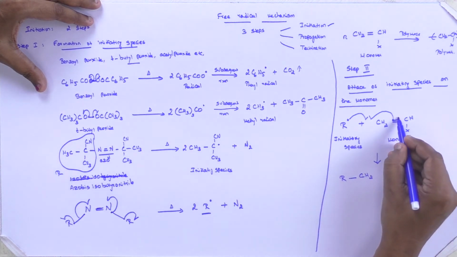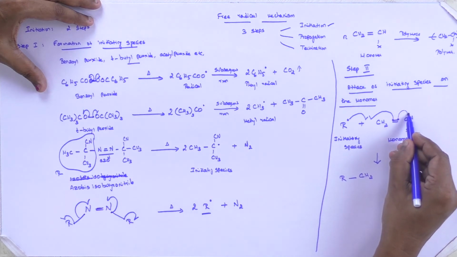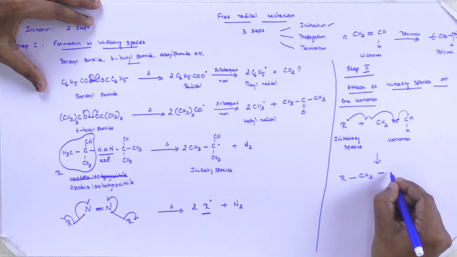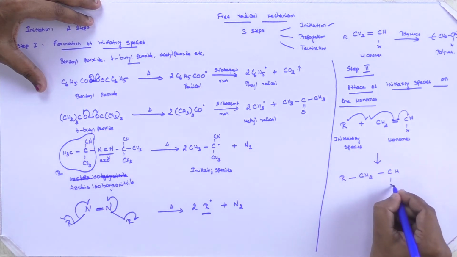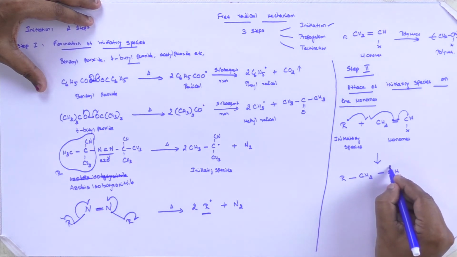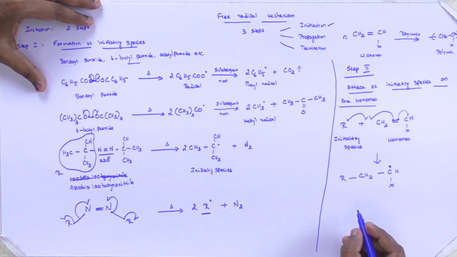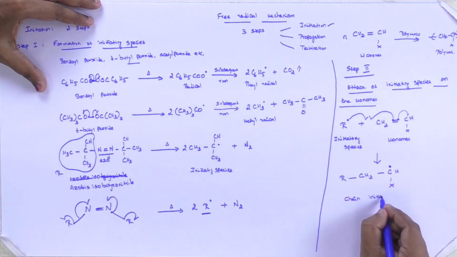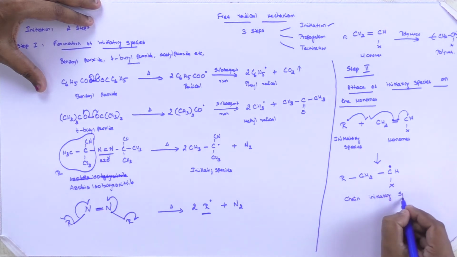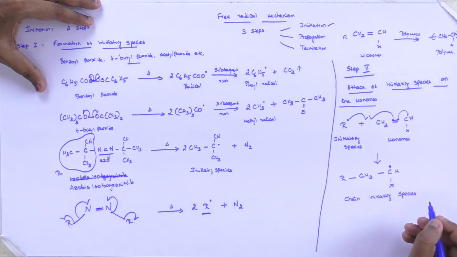You have only one electron left, which goes over the carbon, single bond CHX. So one electron is left out on the carbon. So this is nothing but the chain initiating species.